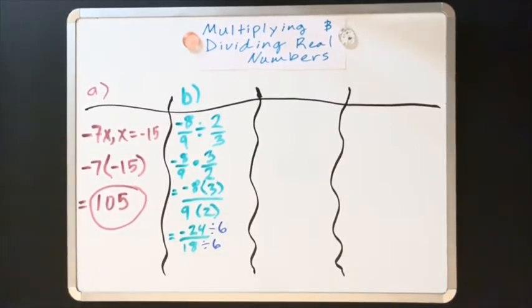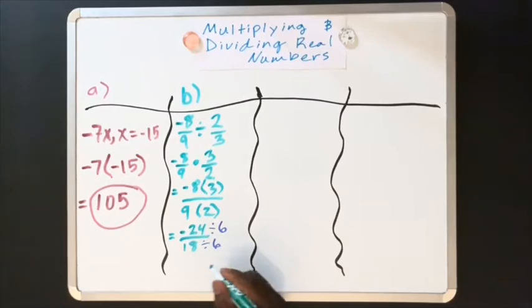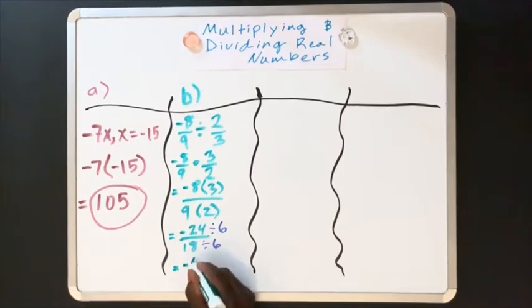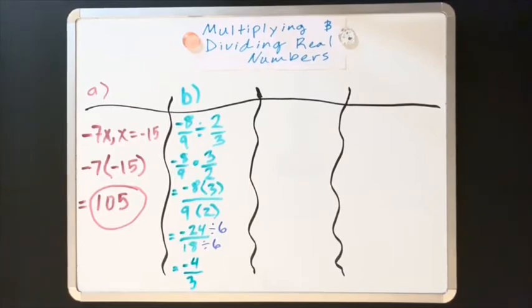And so when you do that, negative 24 divided by 6, negative divided by a positive is a negative. So we get negative 4, and then 18 divided by 6, that's over 3. All right, how we looking? Pretty good there. I like it so far.